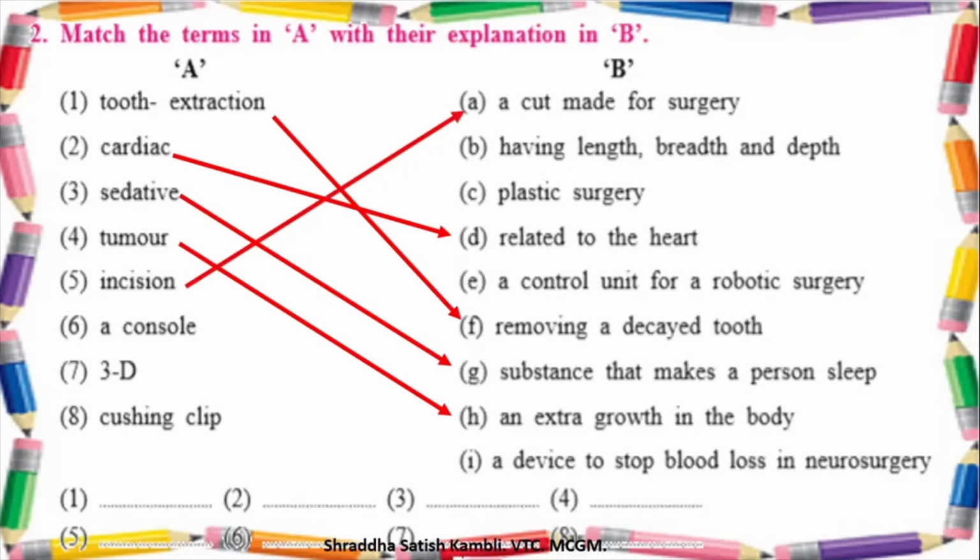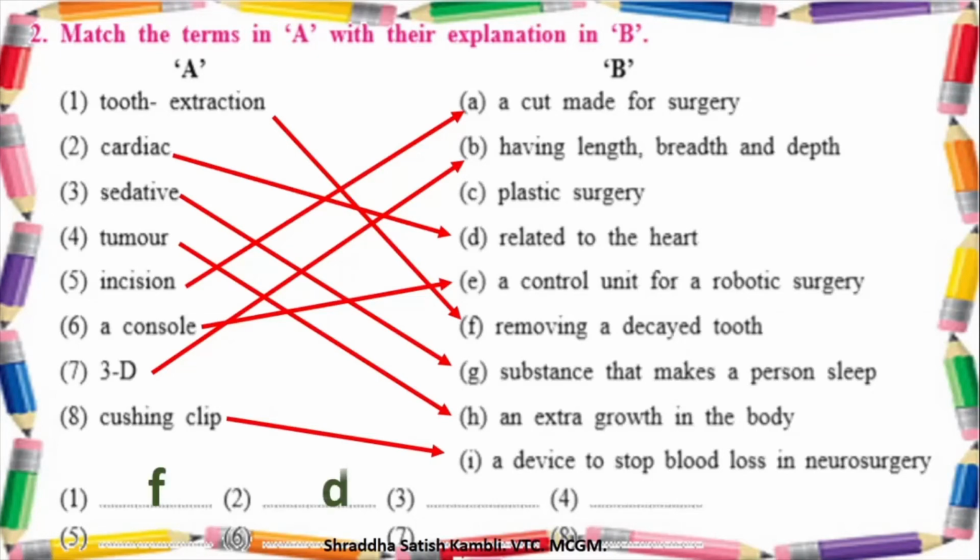Incision means a cut which is made for surgery. A console means a control unit for robotic surgery. 3D means three-dimensional, having length, breadth and depth. And what is a Cushing clip? It is a device which is used to stop blood loss in neurosurgery. So we have all the answers here for you in front of your eyes.